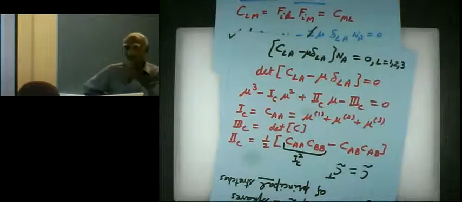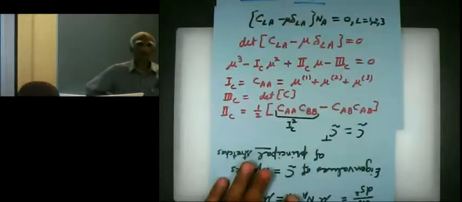Is it okay? Speak up, it's okay to ask a question. These three quantities, I1(C), I2(C), and I3(C), have names. They are called principal invariants of C. Yes? So does A equal B?